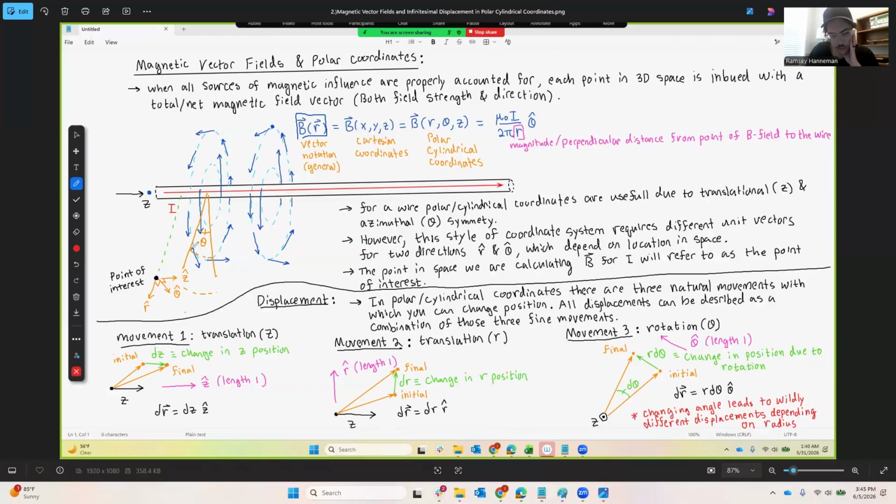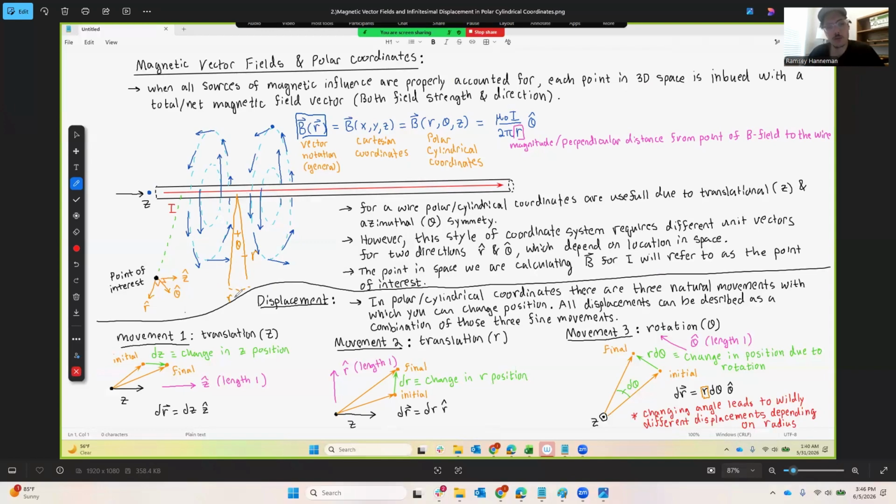If you're really close to the wire and you pass through an angle theta, you have traveled less distance than if you pass through an angle theta further away from the coordinate center. For that reason, for the displacement in polar coordinates for theta, you always want to make sure that you account for the radial scaling. So if you pass through some angle theta, the distance you've traveled depends on both theta and how far you are away from the wire.